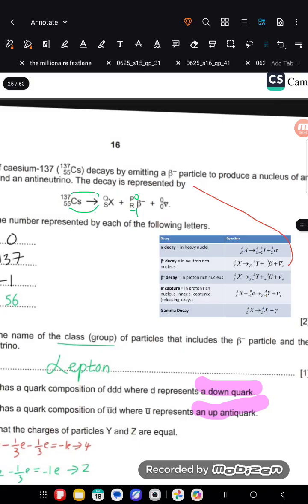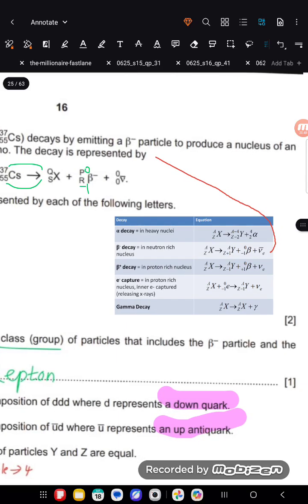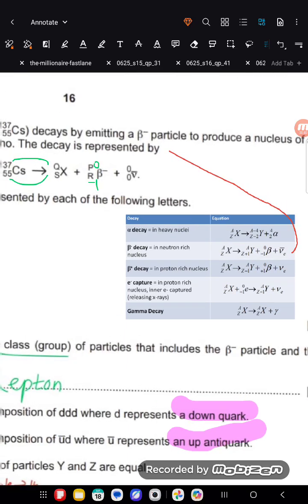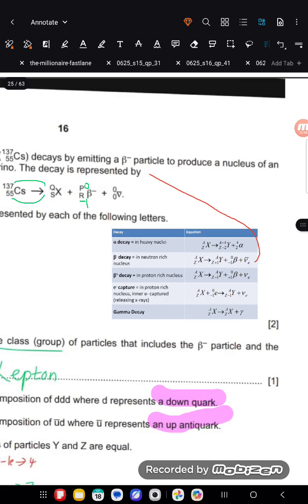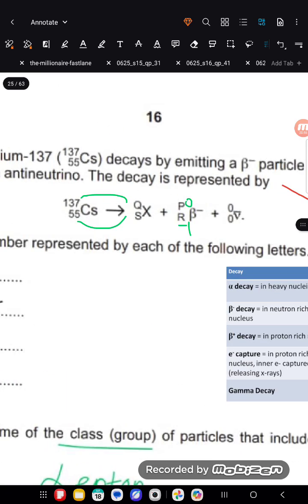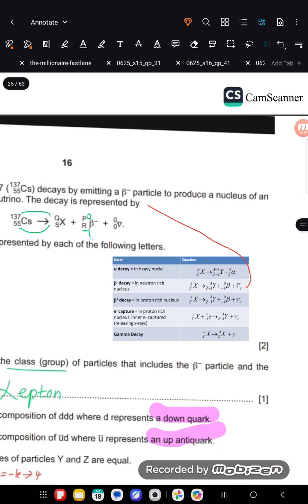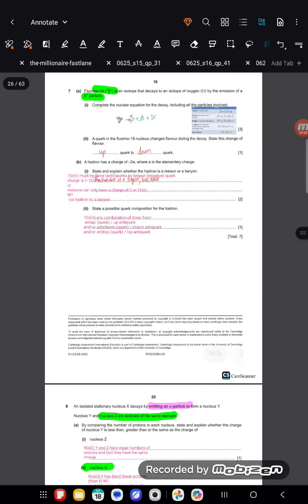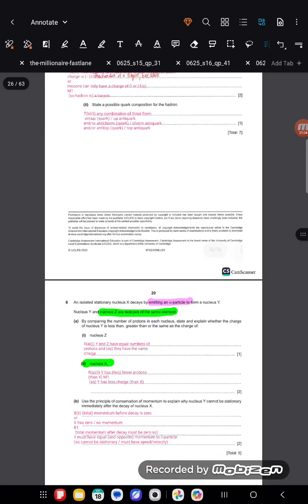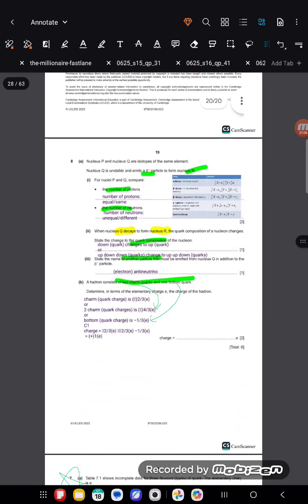You know upper number will not change, 137, but the below one will increase, right? Yes, beta minus decay is increase. Okay, 55 plus 1 it will be 56. Okay, so same for this also, beta plus decay.